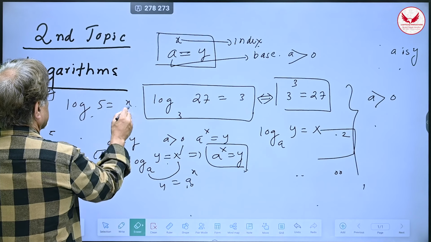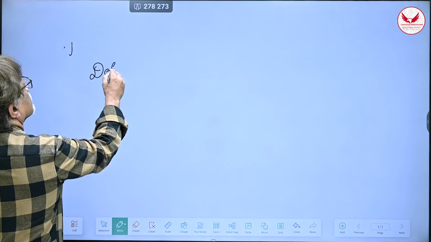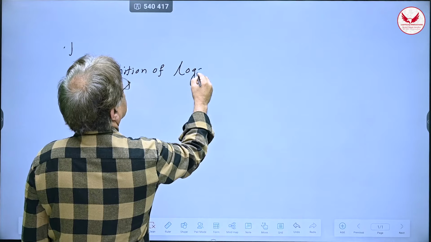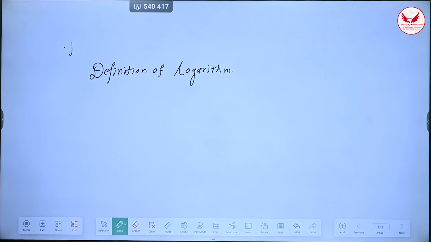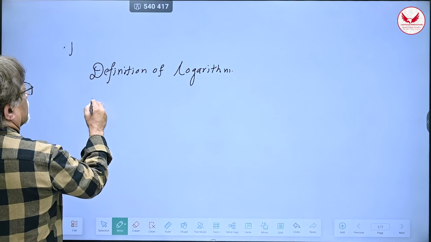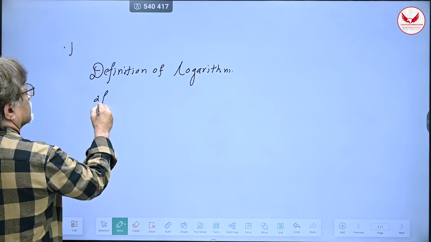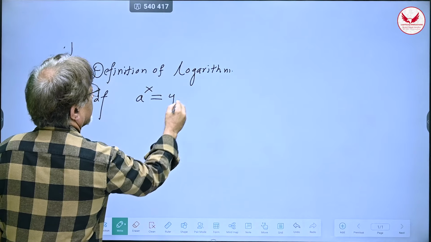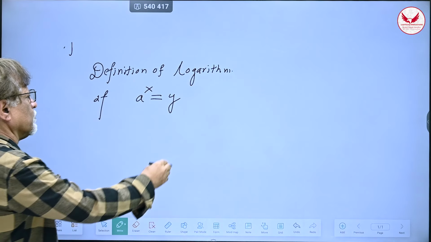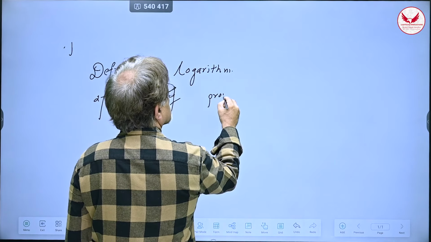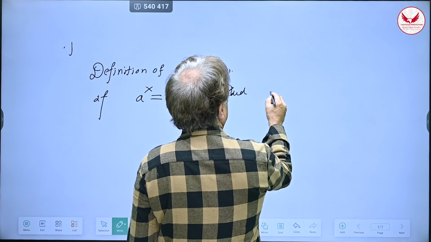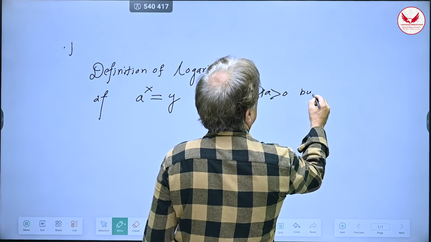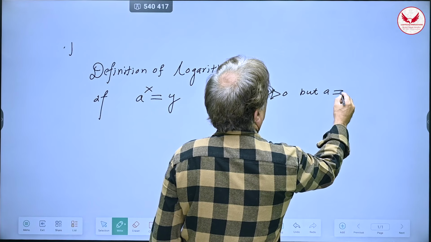So it's like this. If a raised to x is equal to y, provided a is greater than 0, but a is not equal to 1.